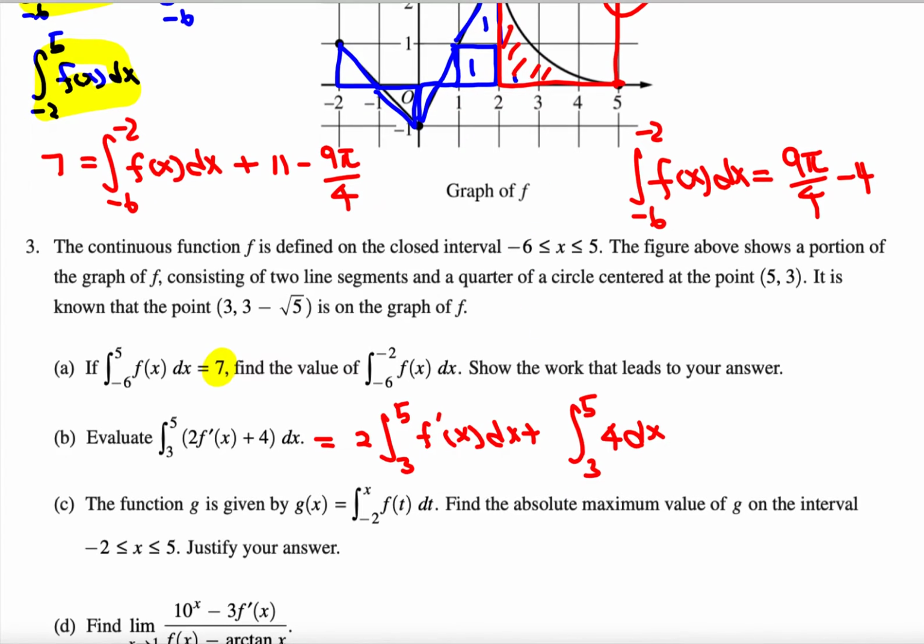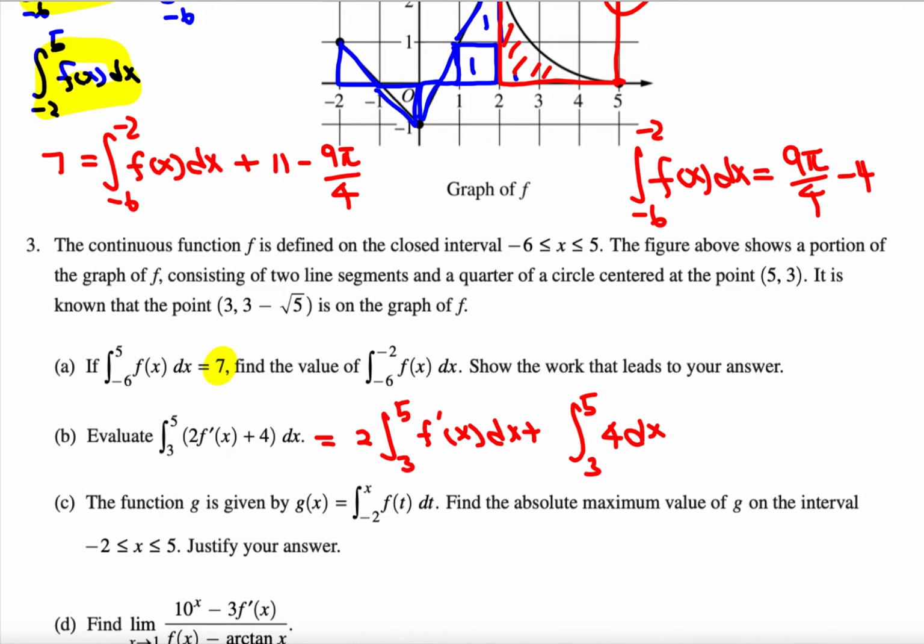Now, by the fundamental theorem of calculus, we get 2 times f of 5 minus f of 3, and then plus this: the base becomes 2, and the y value is 4, so 2 by 4, which is 8. 8 will be the area of the rectangle if you visualize this one.